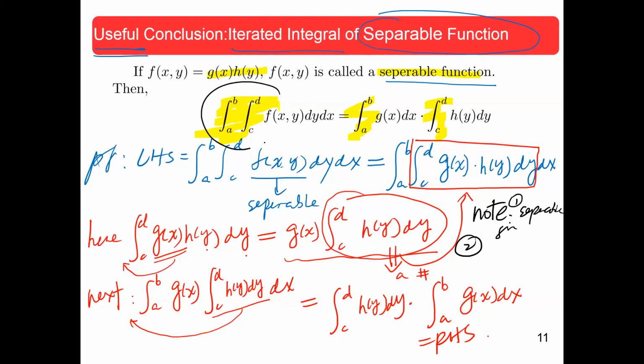Secondly, when you use this, you've got to make sure this is over a rectangular region. So all the limits are constant limits, a to b, c to d. This is a note on when you can use this conclusion.